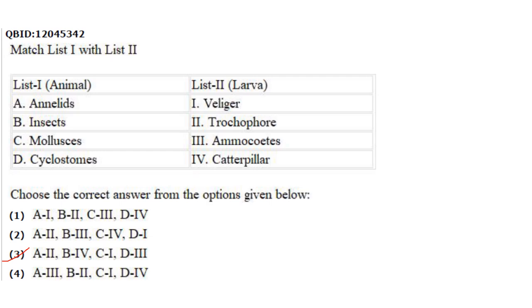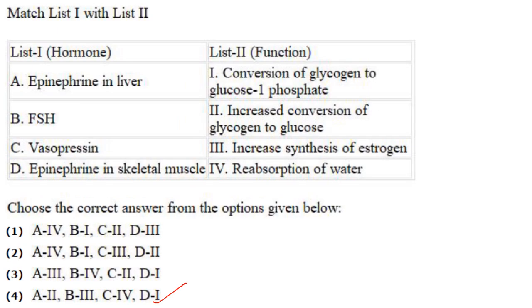Okay, annelids is Trochophore larva. Answer is A2. Insects it is caterpillar. Mollusks it is veliger, and cyclostomes it is Ammocoetes. So the answer here is A2, B4, C1 and D3. So the answer is option 3.